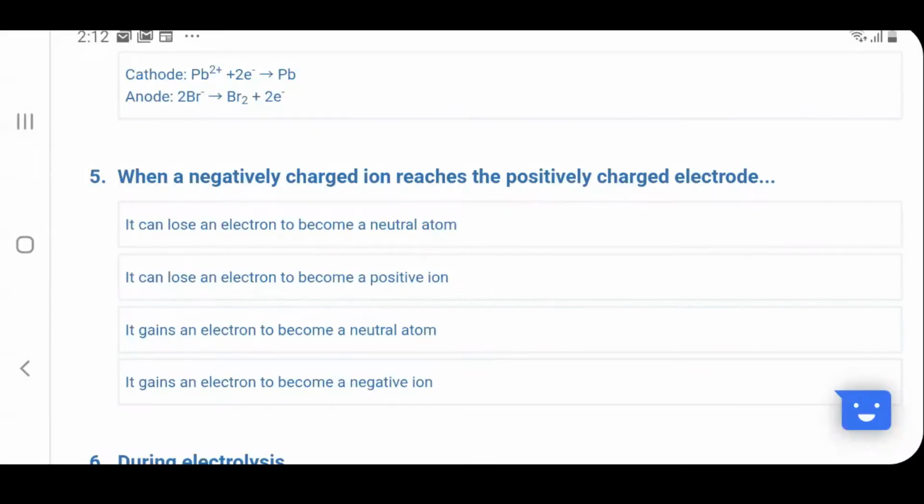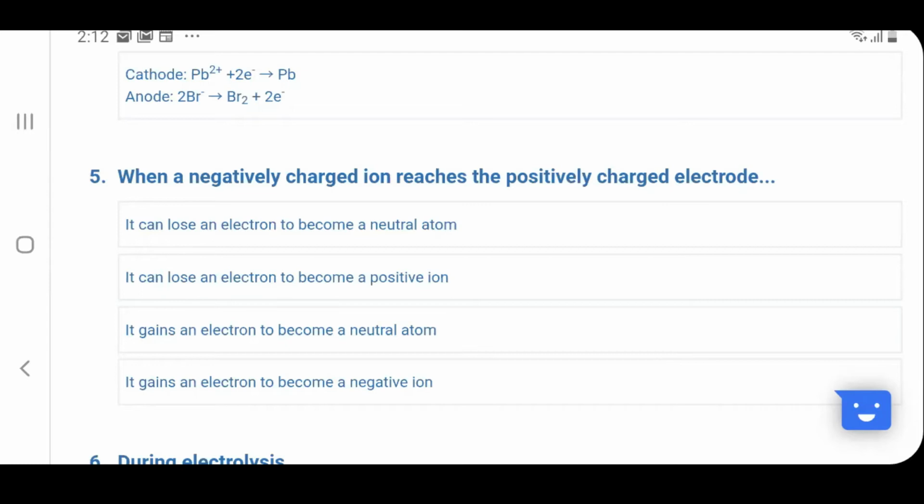When a negatively charged ion reaches a positively charged electrode, for example chlorine, that's a negative charge, and it goes to the anode, which is positive. What happens? It can lose an electron to become a neutral atom. It can lose an electron to become a positive ion.